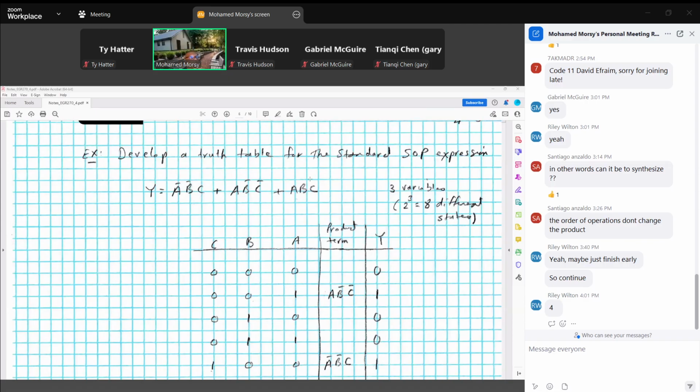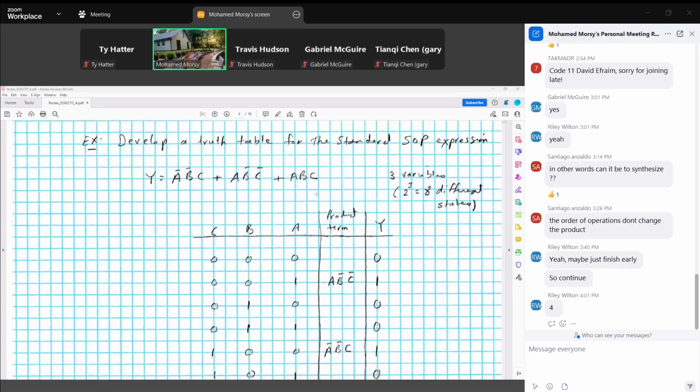Example, now we have an example here. Develop a truth table for the standard sum of product expression, this one. First of all, before we do anything, we look at this expression. Is this standard form or not? It's in standard form. Yes. Give me your code, please. Number 10. Perfect. Thank you, Arthur. Yes, it is standard form.